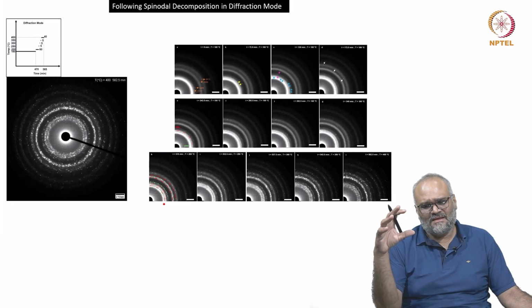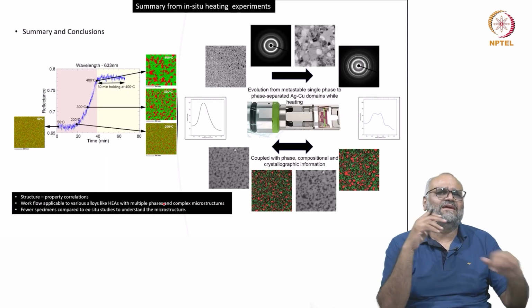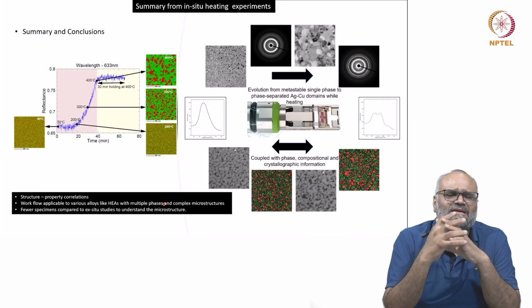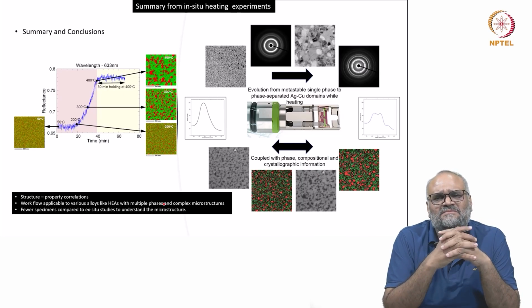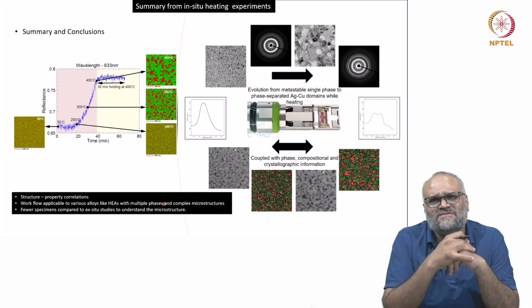So by doing these kind of in situ heating experiments, we've seen that in one of the bulk heat treatment cases, like in aluminum alloys, you could follow the onset of precipitation and you could follow the nucleation and growth of these precipitates.